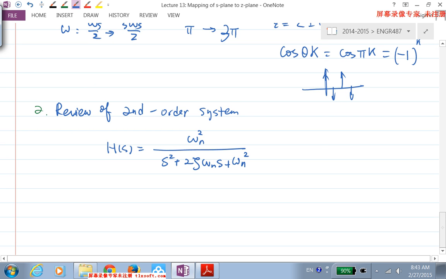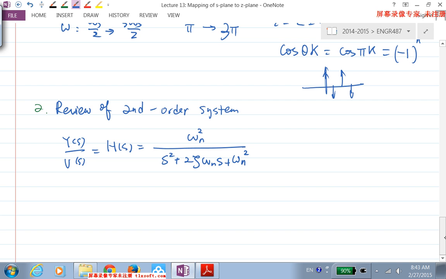So omega n squared over s squared plus 2 zeta omega n s plus omega n squared. Let's suppose this is a transfer function, maybe output over input. For this particular second order system, people always summarize some of the response characteristics.